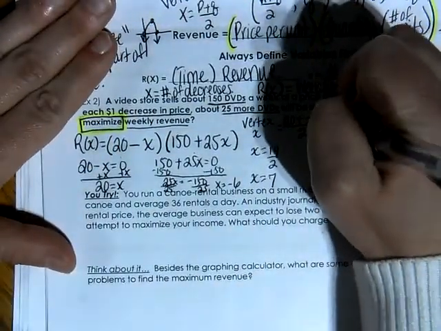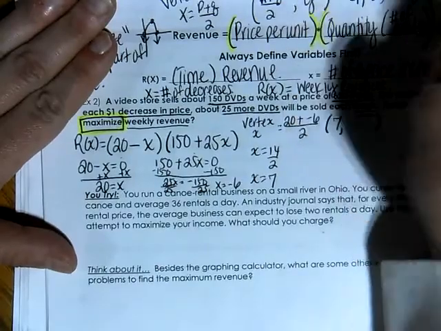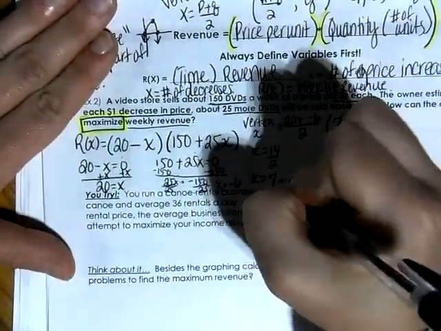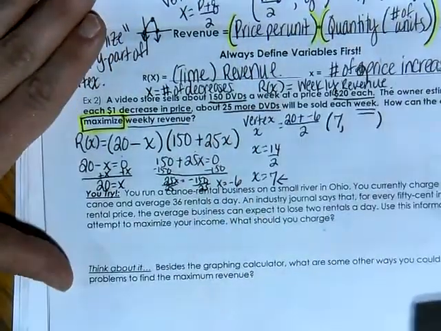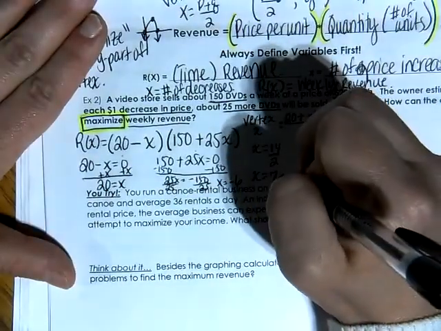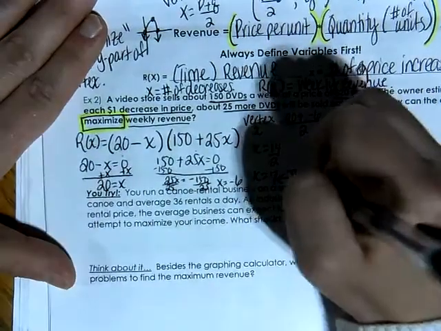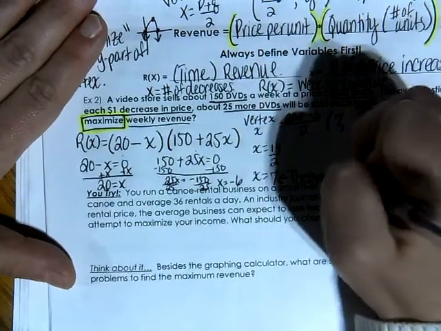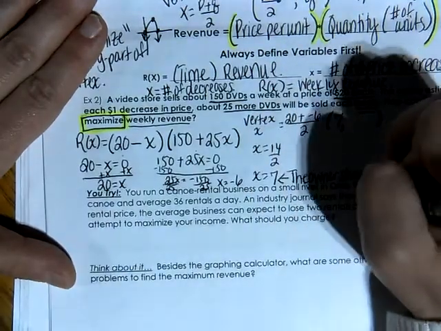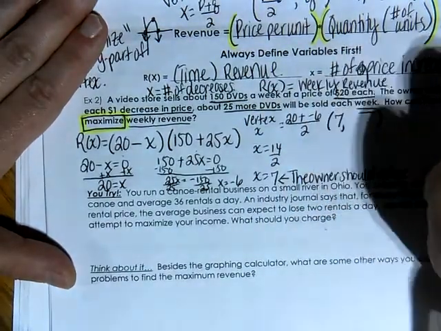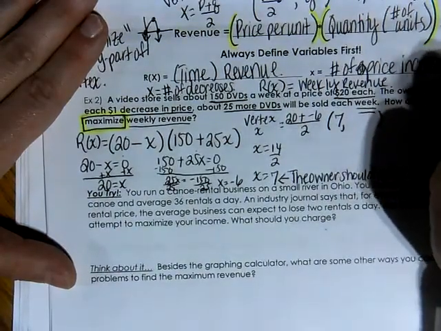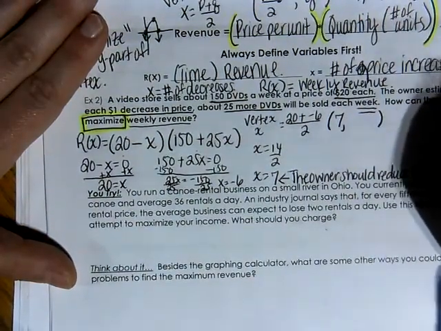And I'm going to write my vertex as 7, something. And I'm going to write down that what this means is that the owner should reduce the price by $7.